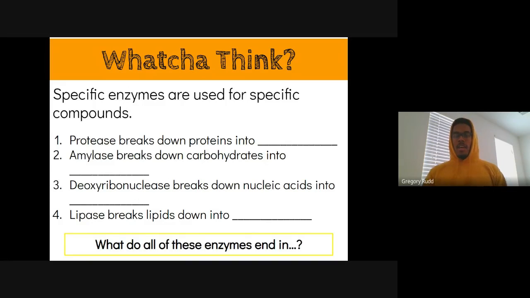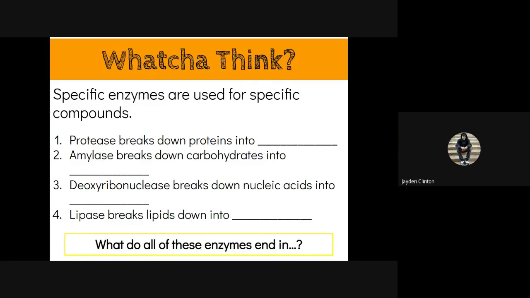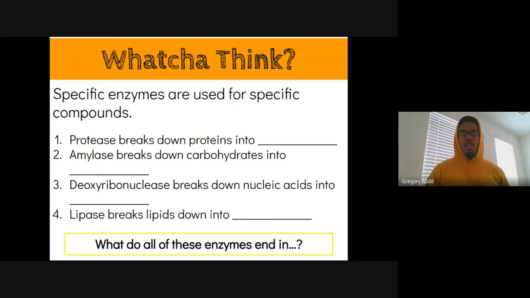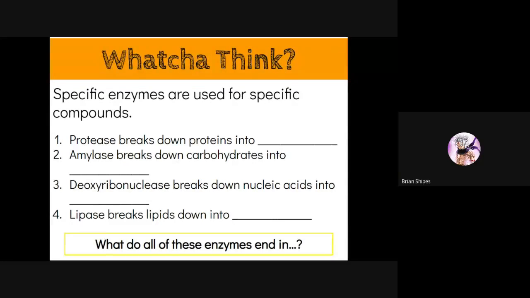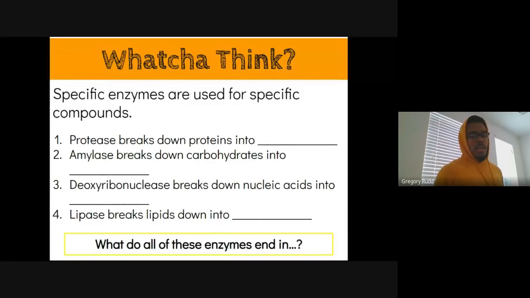Not amino acids. Amino acids are for proteins. Not starch. Starch is an example of a carbohydrate, but what is the monomer of a carbohydrate? Is it glucose? Thank you, Nick. Thank you, Brian. Yes, glucose. Amylase breaks down carbohydrates into glucose because glucose is the monomer of carbohydrates.